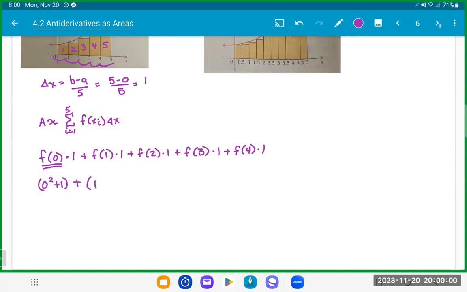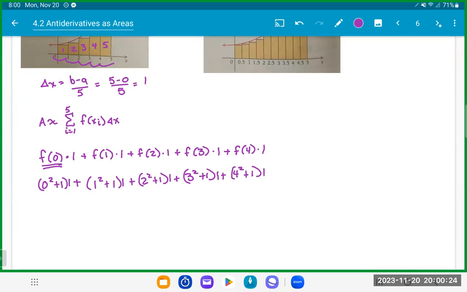Plus, we have 1 squared plus 1, plus 2 squared plus 1, plus 3 squared plus 1, plus 4 squared plus 1. Okay. And remember, we're still multiplying it by that delta x. It just happens to be all ones out there.